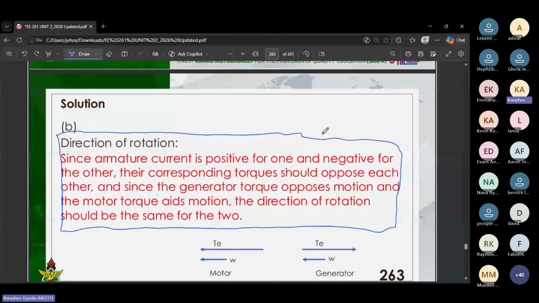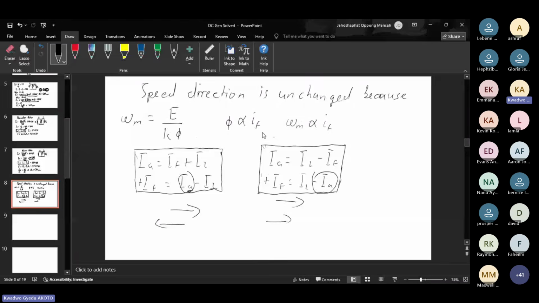Let me go back. The slide is telling us that for a DC generator, the torque we are producing opposes our motion. And then for a motor, our torque is in our motion, right? Are you okay with that?